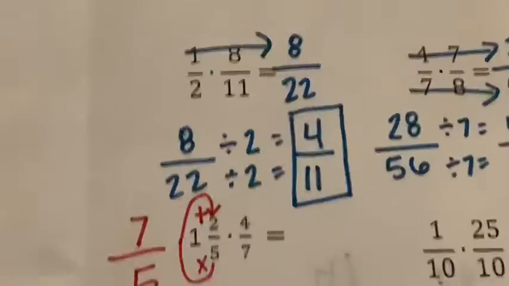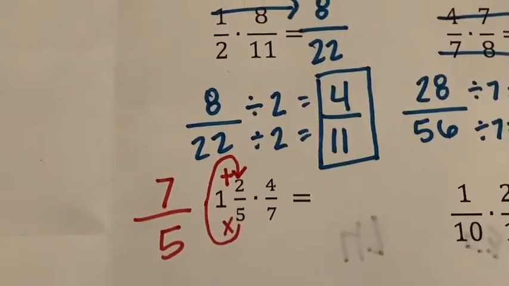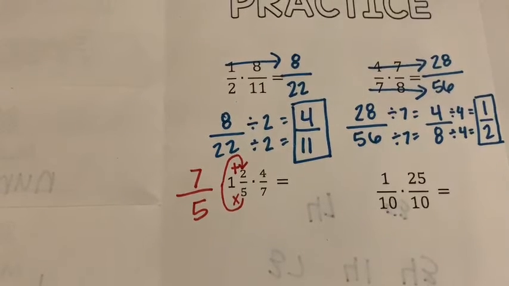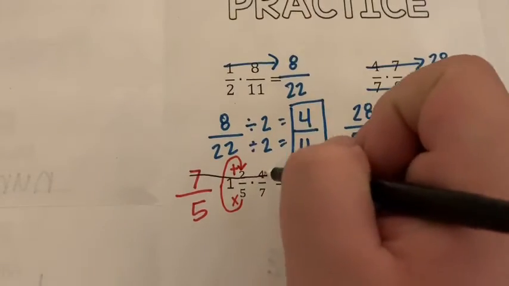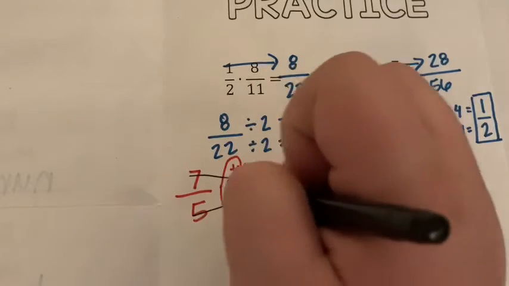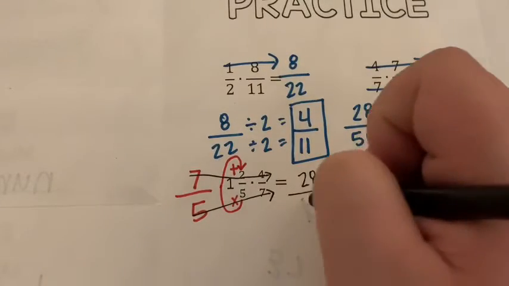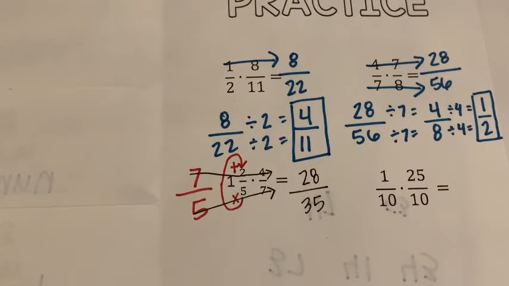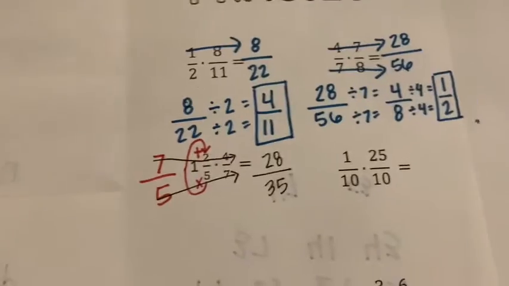Now we can multiply straight across. 7 times 4 is 28. And 5 times 7 is 35. Both are divisible by 7.